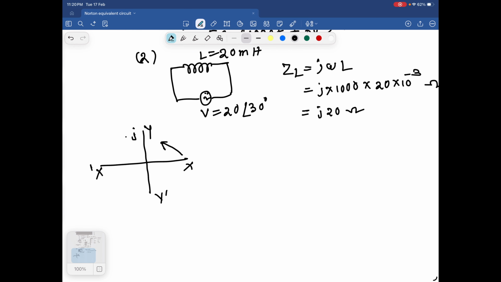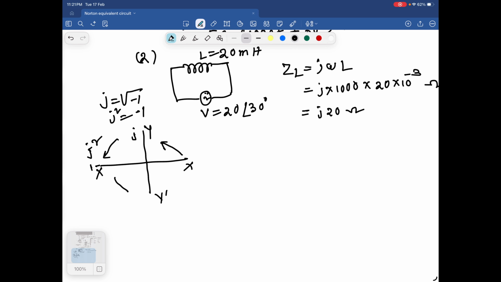Then again you multiply this j with another j, here it will be j square. And we know j is equal to under root minus 1. So j square is equal to minus 1.